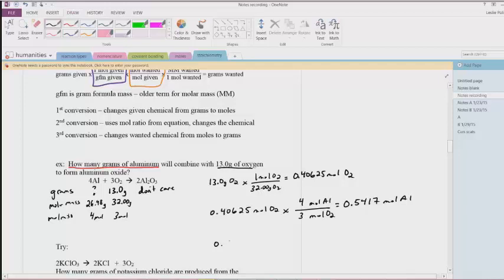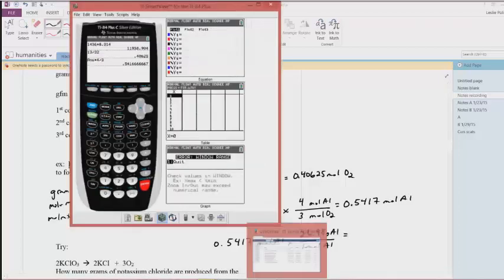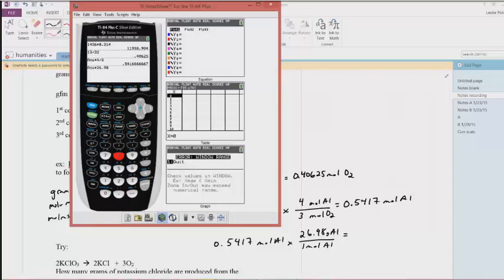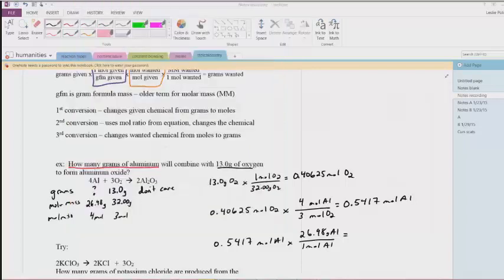And then take that and multiply it by the molar mass. Is this 14.6? Okay. Now, three steps, and I wrote them out 1, 2, 3.